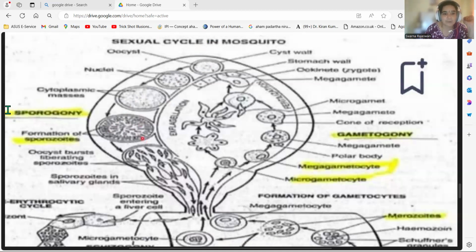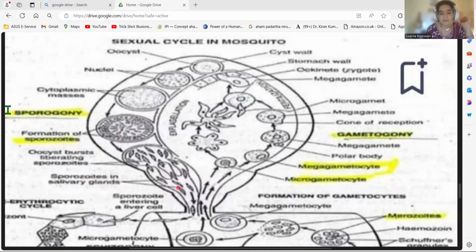Okay, so the sporocyst is containing what are called as sporozoites. Now, this sporocyst, that means the wall of the sporocyst becomes weak, breaks or ruptures, and liberates these sporozoites to outside.